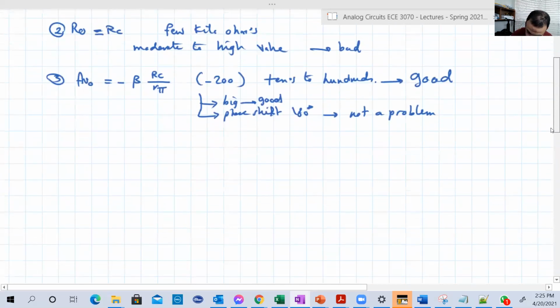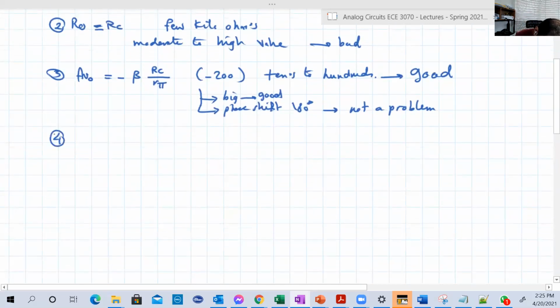Number four, high sensitivity. That's a big problem also in common emitter amplifiers.